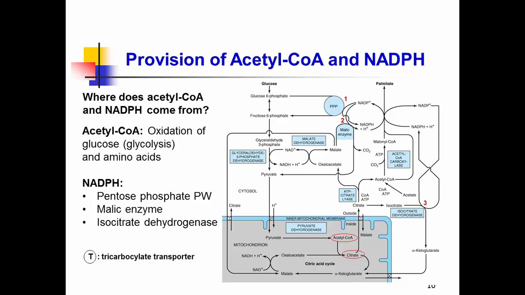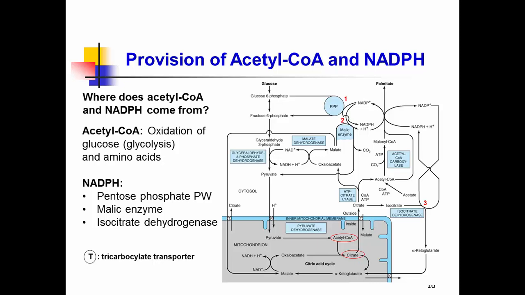Now the other thing is we know that the reduction reactions require NADPH. Do you still remember one of the important pathways that can generate NADPH, which we mentioned before? Yeah, the pentose phosphate pathway, right? So now we'll talk about the sources of acetyl-CoA and NADPH. Acetyl-CoA basically comes from the oxidation of glucose and amino acids, right? Which should be easy to remember and understand.